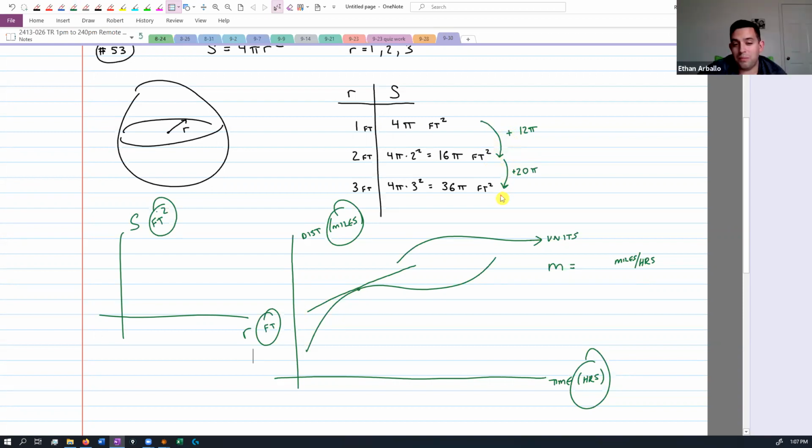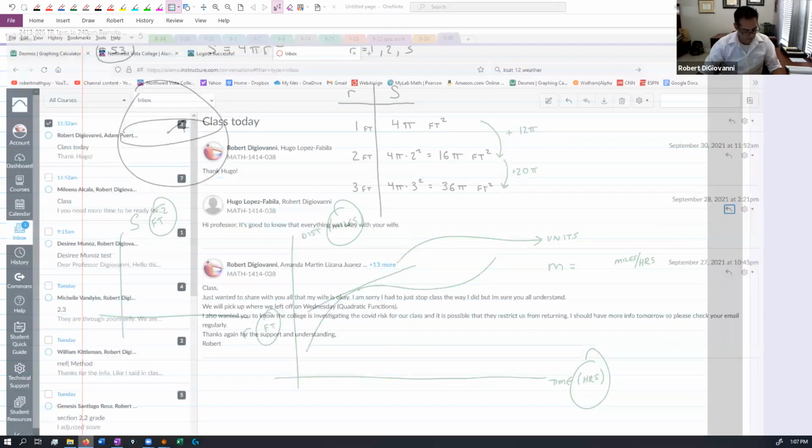No, I get that. Where did they get the 8 from? What did they put? Find the rate of increase with respect to the radius when r is 1, 2. I'd have to look at the answer to see what you're talking about. Give me a minute to bring it up.